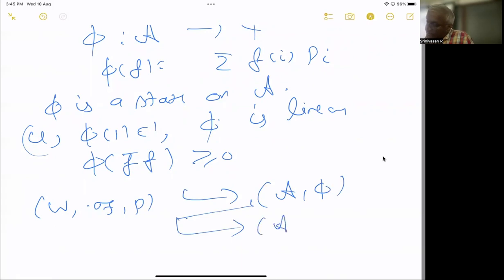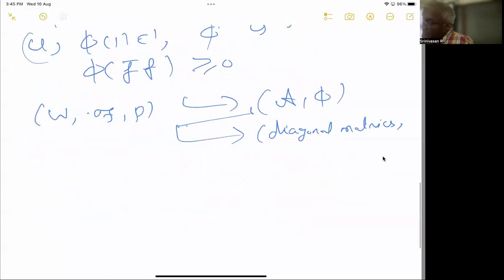We got it as pi of, I just embedded as diagonal matrices, and again I call it phi. I should have called it something else here, but it's okay. I'm again calling it phi only. So we just take the f1 up to fn and embed them into the matrix algebra as diagonal matrices.